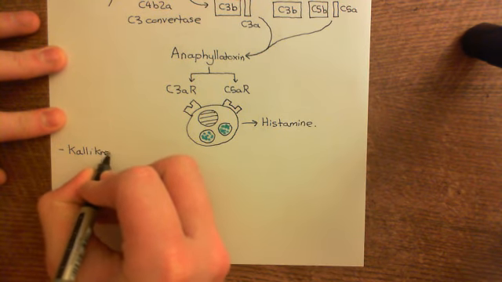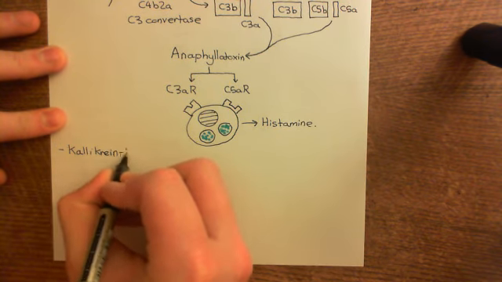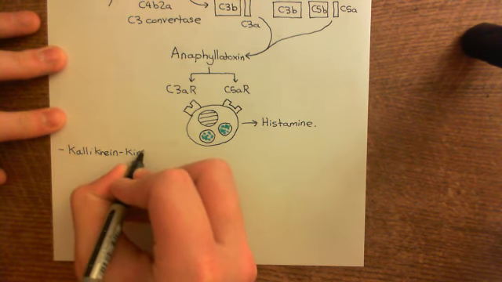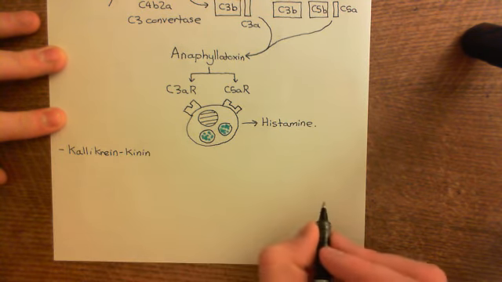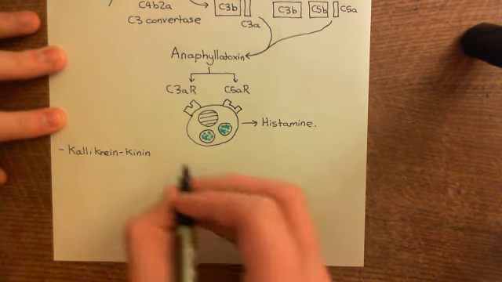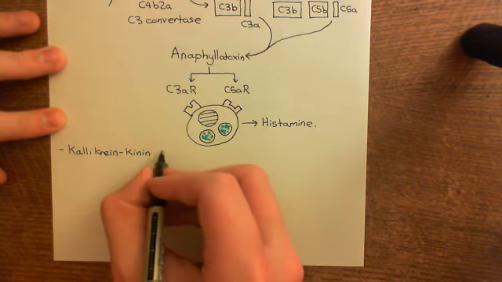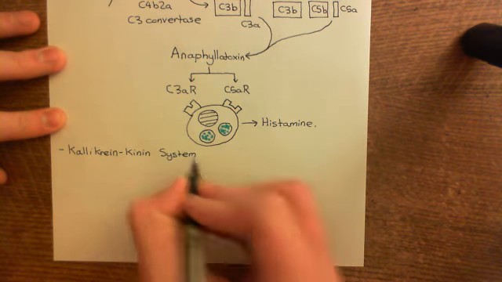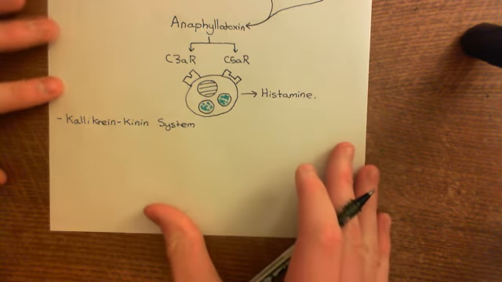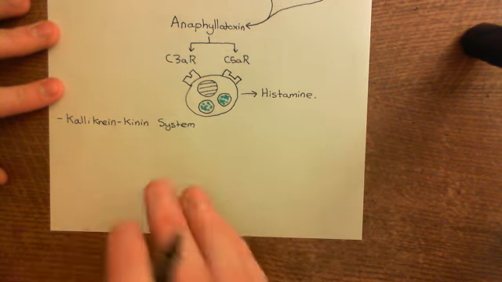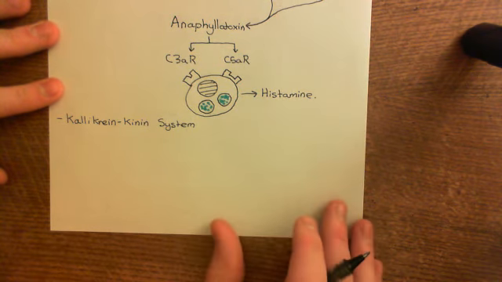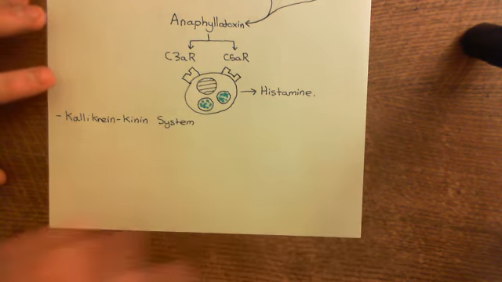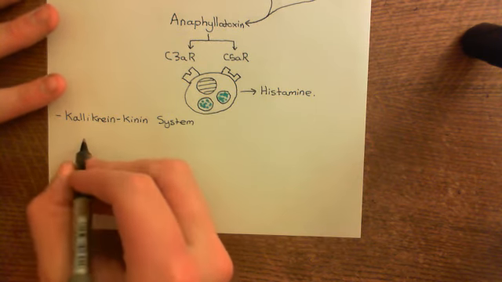Okay, so when you move proteins from the blood into the interstitial fluid, it's going to bring in the proteins that are involved in this kallikrein-kinin system from the blood into the interstitial fluid, and when you do that, they're going to activate what's known as the kallikrein-kinin cascade, or just the kallikrein-kinin system.